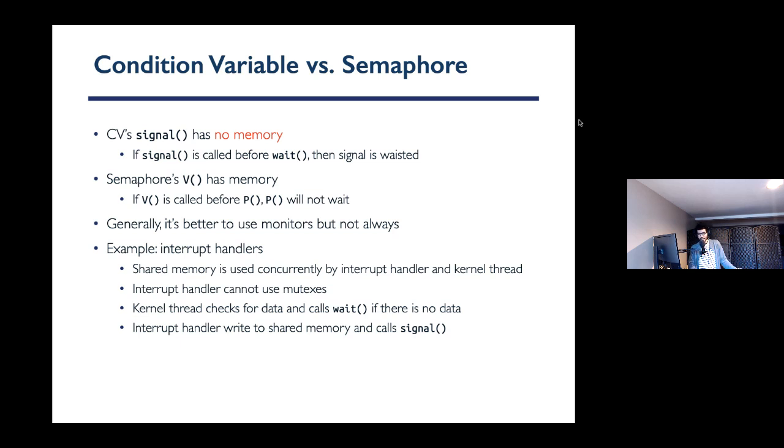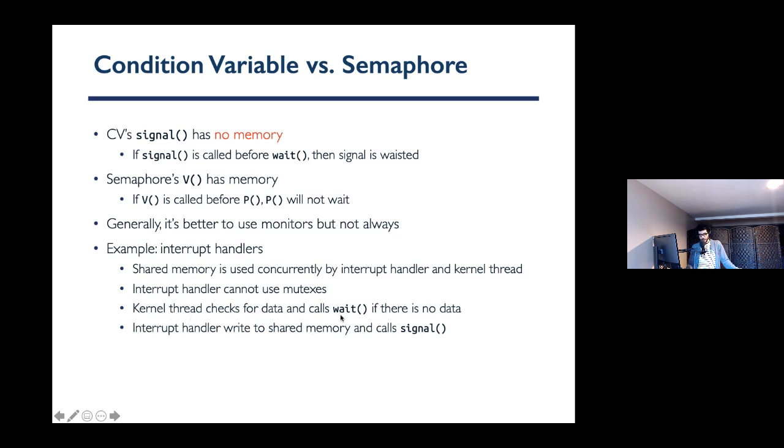So what happens next? Now we have a situation. If the kernel thread has gone to sleep and is added to the waiting queue of the condition variable, this signal will be received and the kernel thread will wake up.